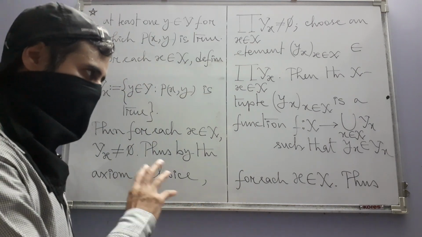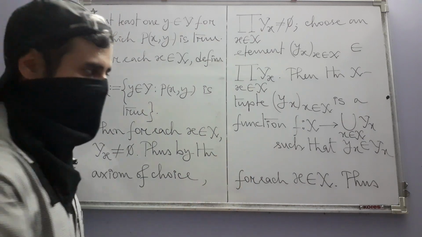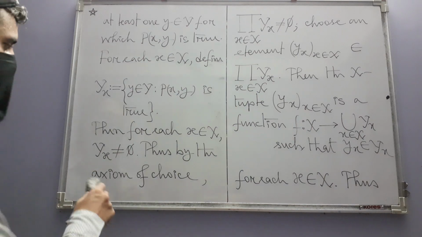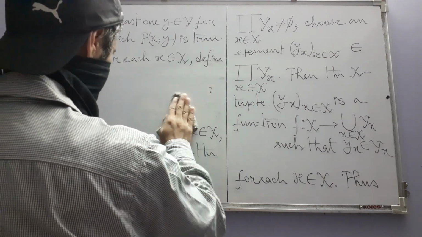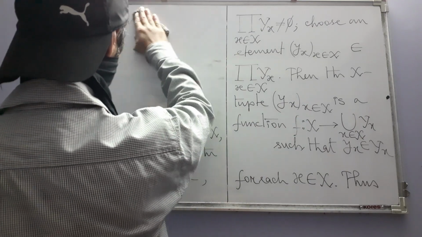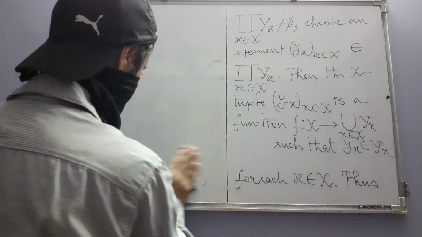Actually we get another function, but the rule remains the same and these properties remain the same. Only the range changes. But just for the sake of what we are trying to prove, I am now going to change the range.